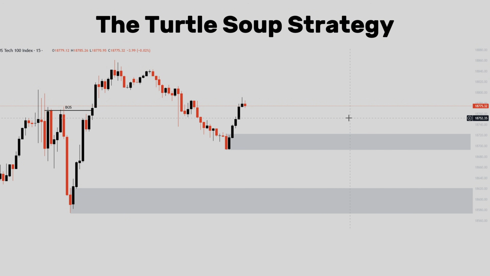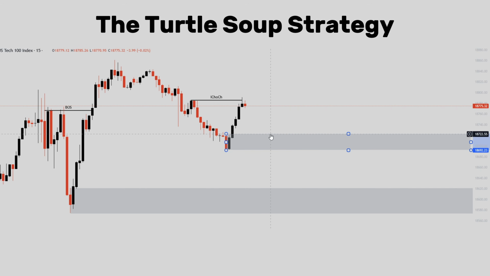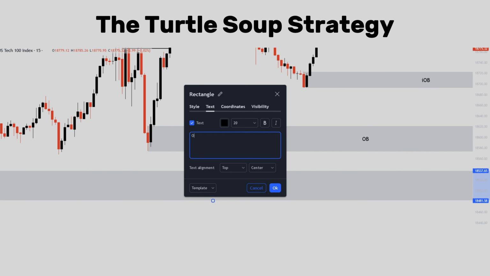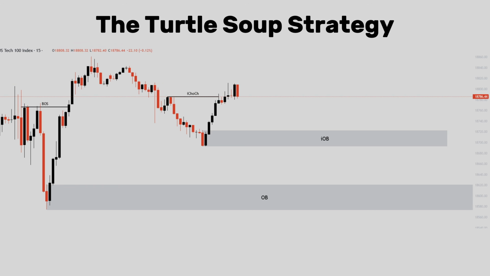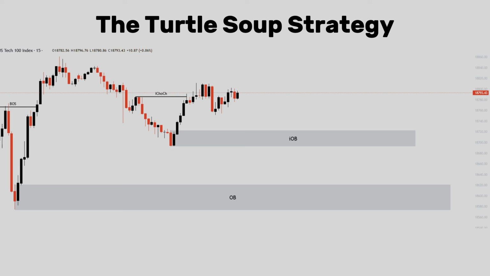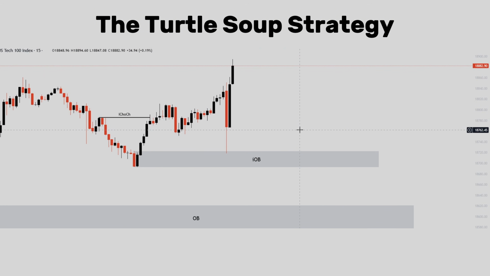And internally, we also got one here, validated by an internal change of character. So as expected, what the price does is mitigate the order block to continue the price higher.